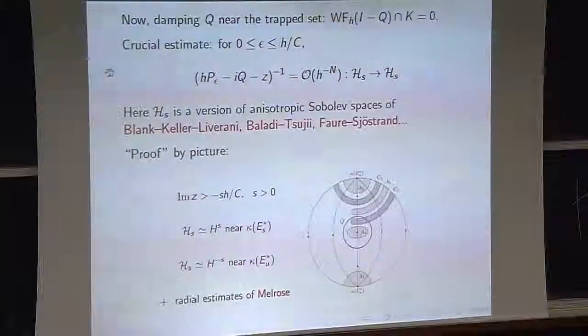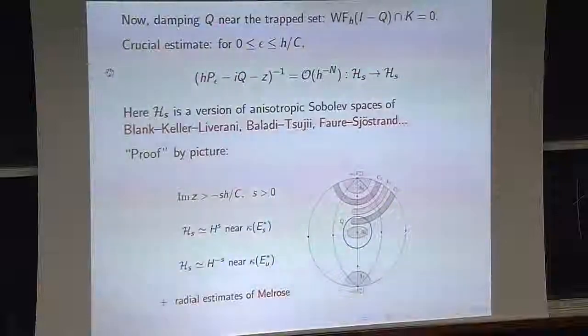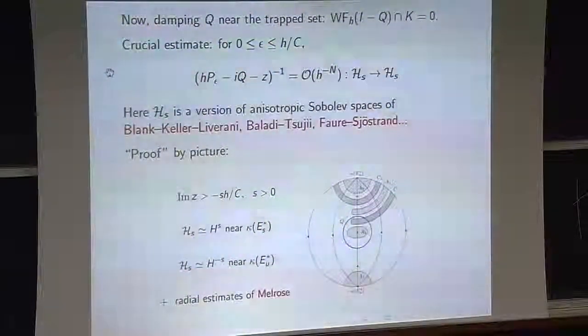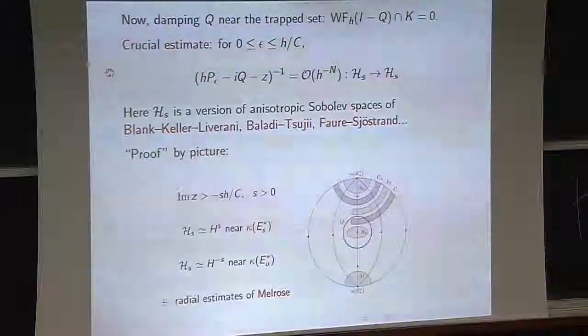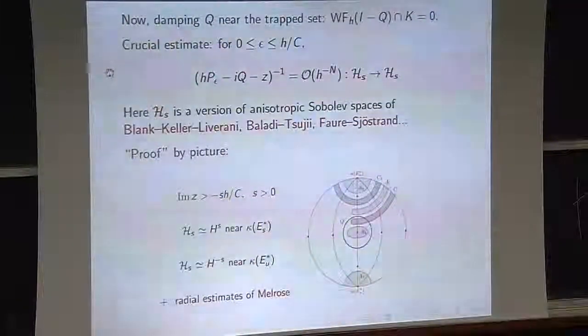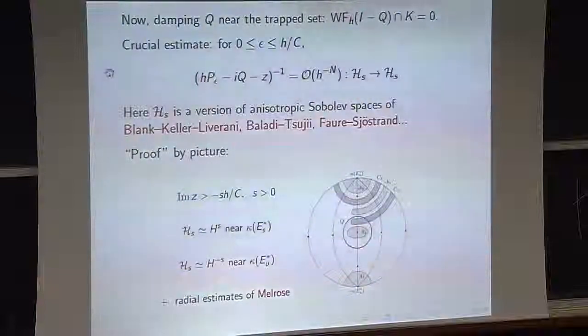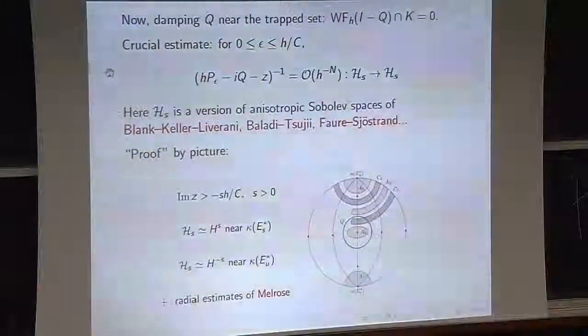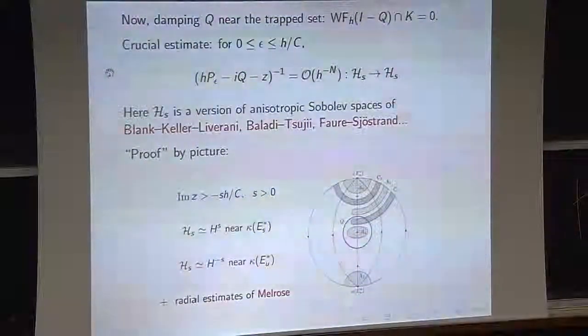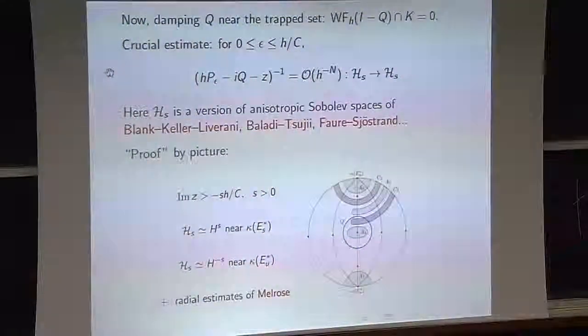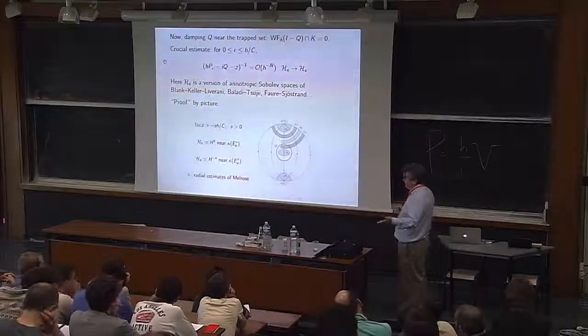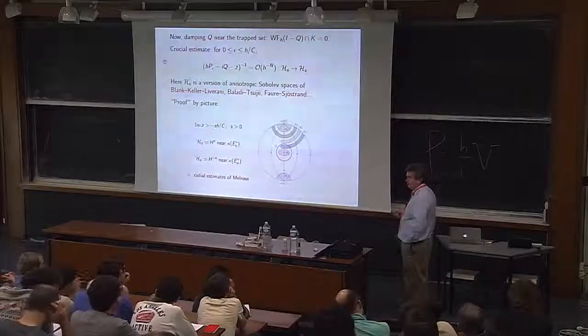Then, again, the radial estimate will tell you that you can control what happens in A2 by what happens in C2. But you sort of move along, so you got C2 from those other pieces. And then you have control in A2. So by taking a partition of unity, you control U by PU modulo H infinity. And of course, since it's all nice spaces, there are Fredholm operators, that was the point to start with, you can invert.